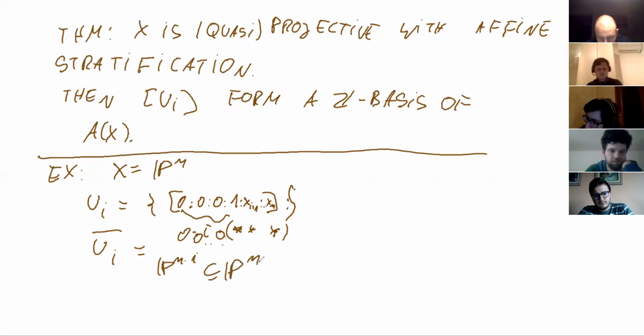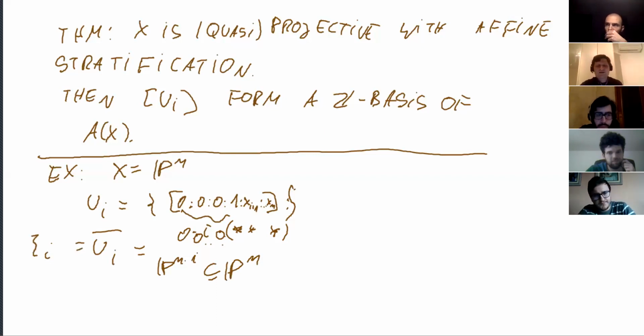I promised to tell you that the Chow group is really generated just by the class of a projective subspace in the projective space, and that's it, because this is what we were calling Xi. This is just the intersection of i hyperplanes in P^n. So we know the structure from the theorem of the Chow group, and we also know how they intersect, because in this case we can put them transversally.